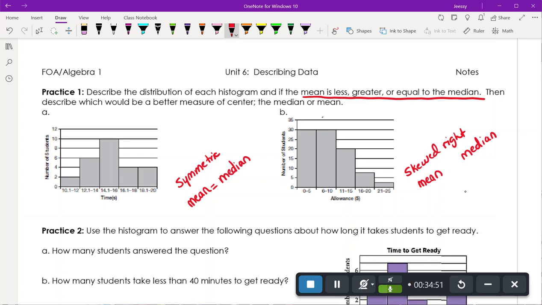No. Yes, it is. Oh my gosh. Oh, I'm so sorry. It gets confusing. The mean is going to be over here because it gets pulled by the outliers, and the median is always where the data is. And so these are the smaller numbers. Clear?